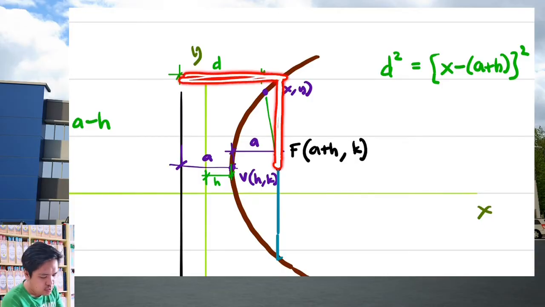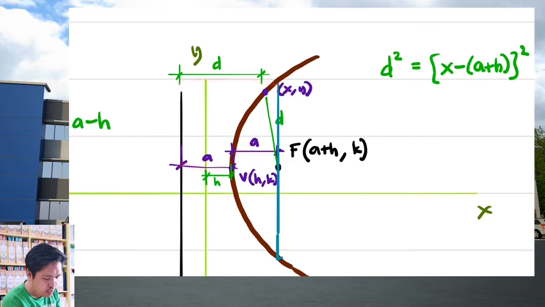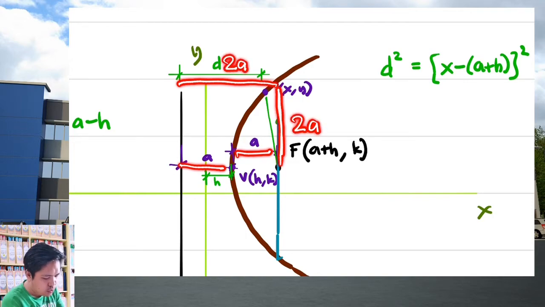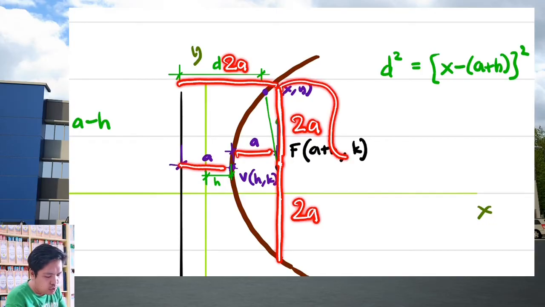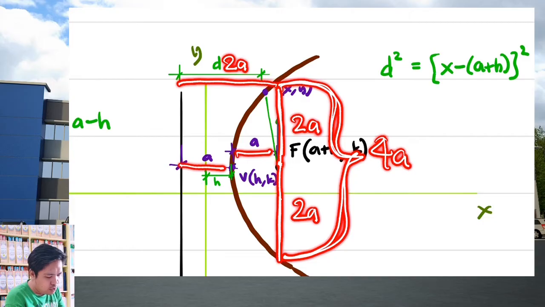And since this distance is equal to a plus a, this distance is 2a. That means this distance is also 2a. Now, since our parabola is just a mirror image below, this distance is also 2a. So therefore, the length of the latus rectum is 4a.